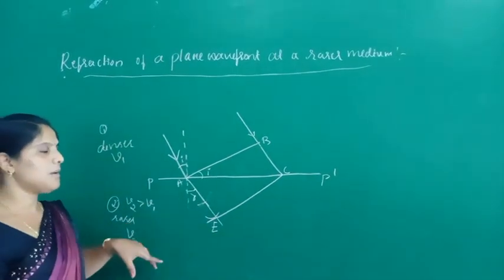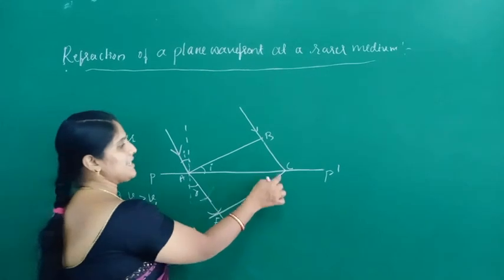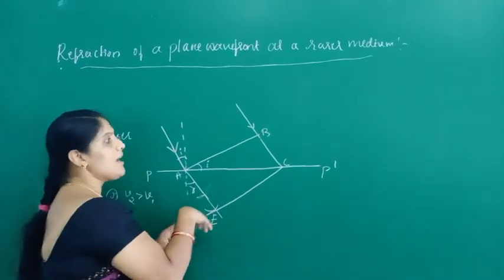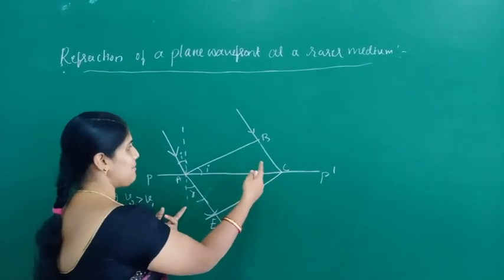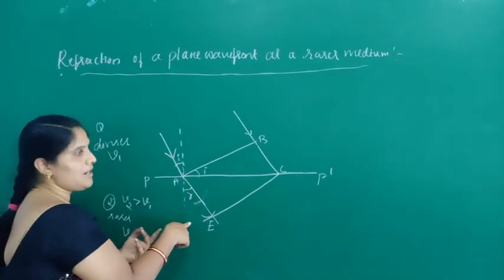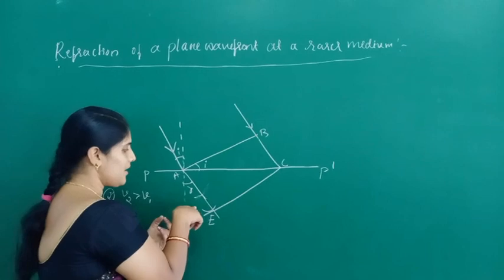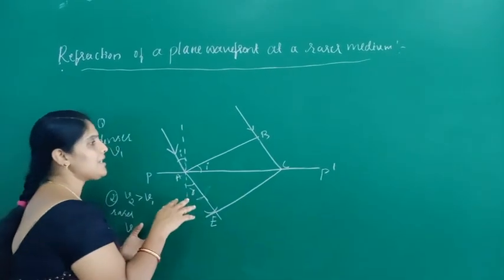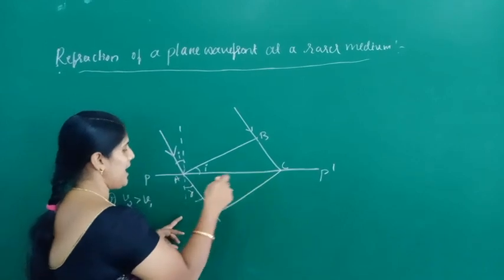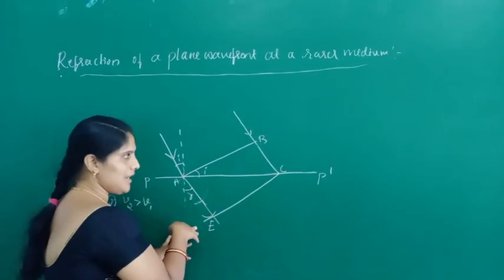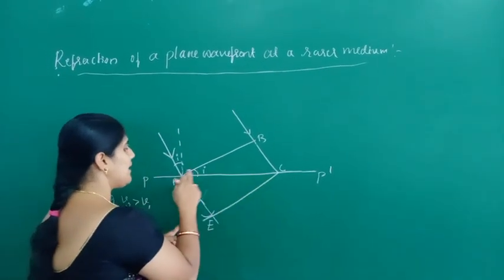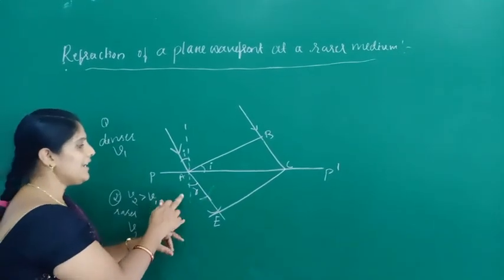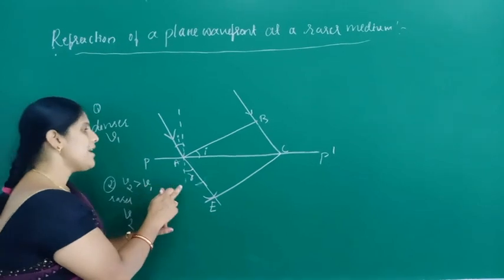Carefully observe that here BC is less than AE. In the previous case, BC was greater than AE, but in this case BC is less than AE, because here the velocity of light increases as this is the rarer medium.